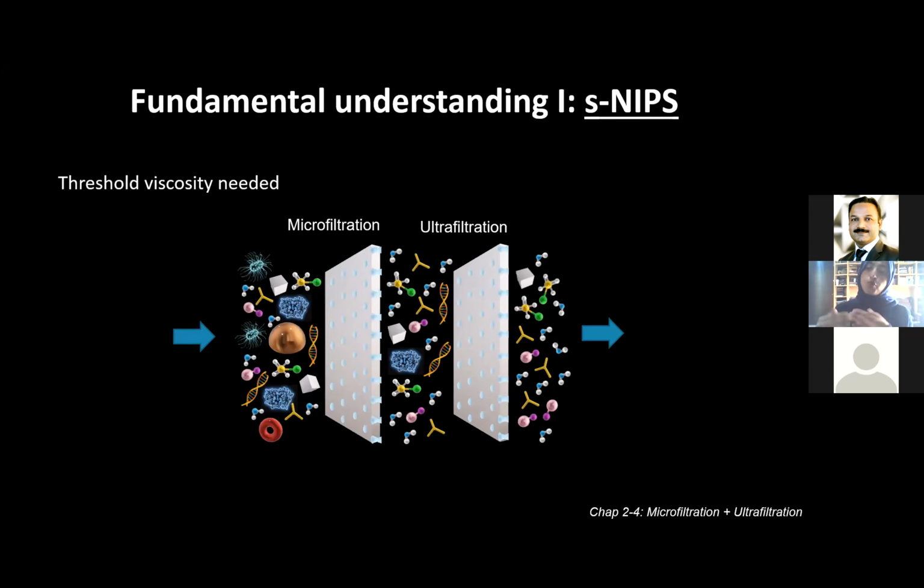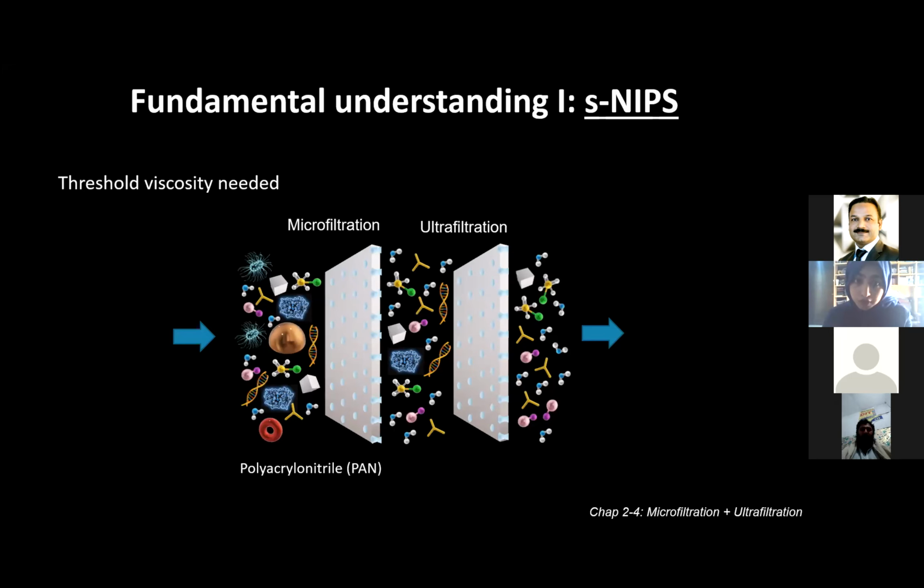From this point onward, we wanted to see the potential of SNIPS in creating different pattern shapes and dimensions. And for that, polyacrylonitrile membranes were prepared in the microfiltration range.